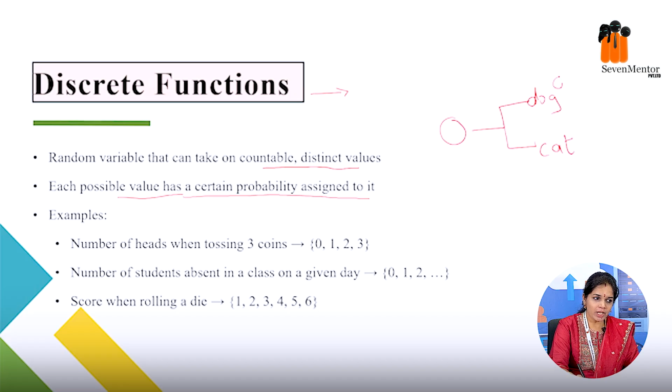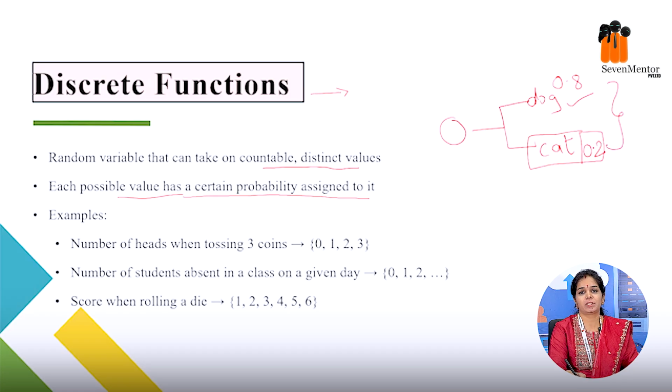If dog has 0.8, which is near to 1, then some probability, 0.2, will be assigned to cat, or to any other outcome which we are going to get. So we have to fulfill the condition that the addition should be 1, right?